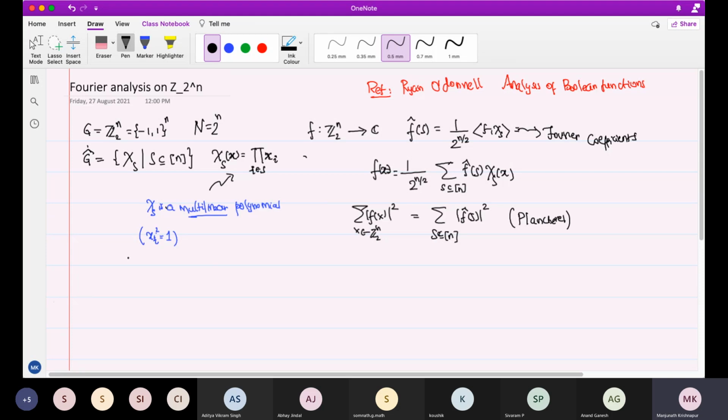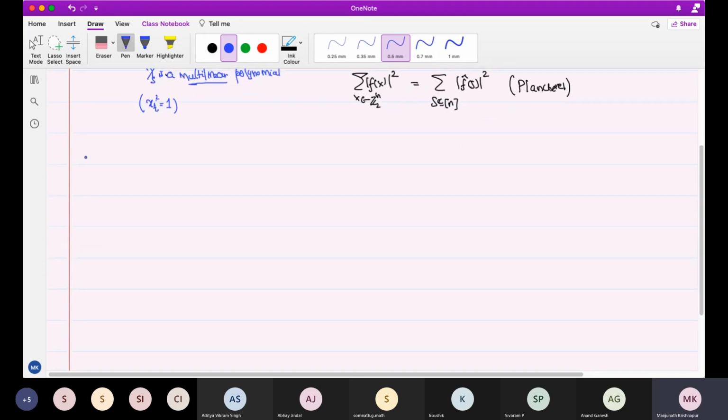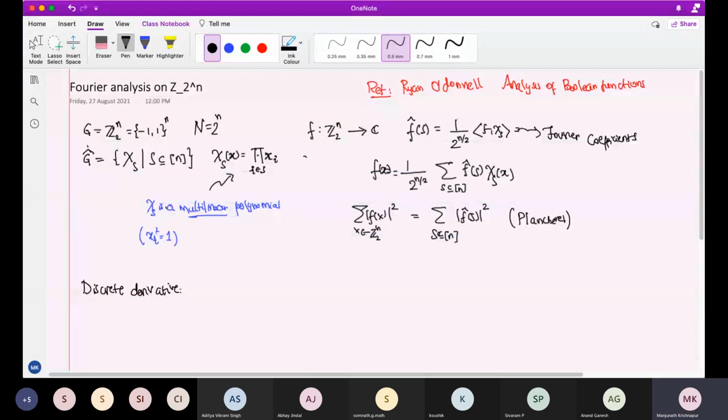So now let me introduce some concepts. Some concepts which are maybe not there in full generality, but we'll use here. So, discrete derivative. Incidentally, a lot of times functions which are taking values in -1, 1 will show up. So maybe I just define them.